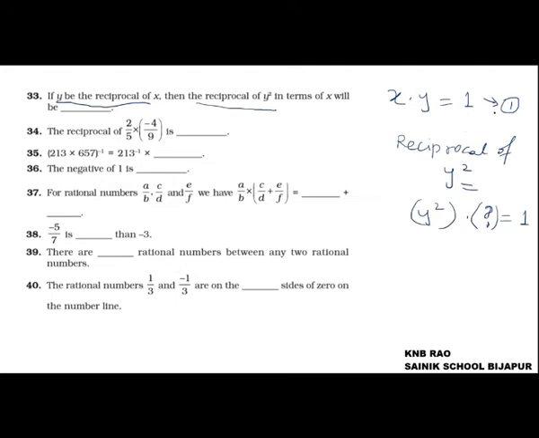Now squaring on both sides in that equation gives us x into y whole square equals 1 square.